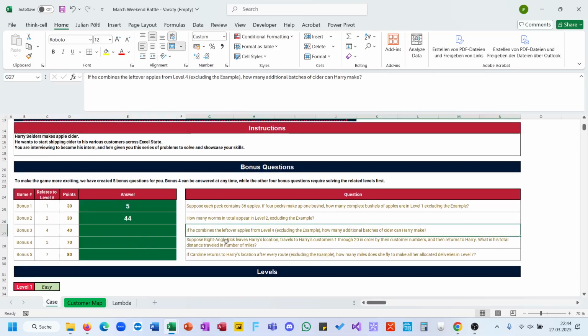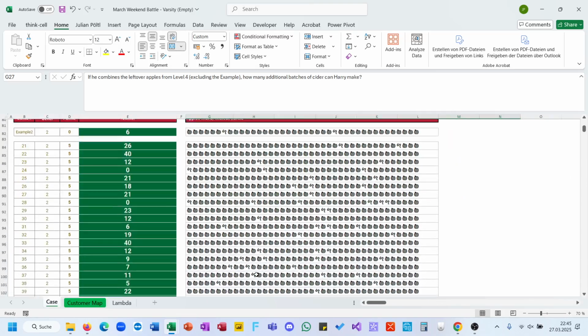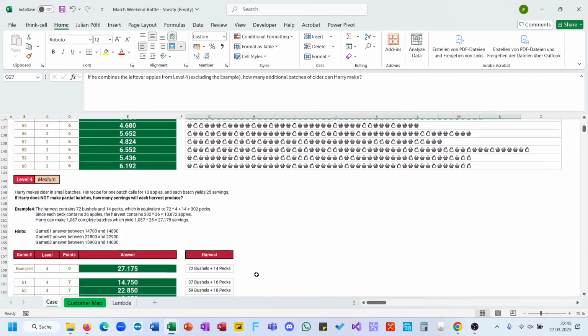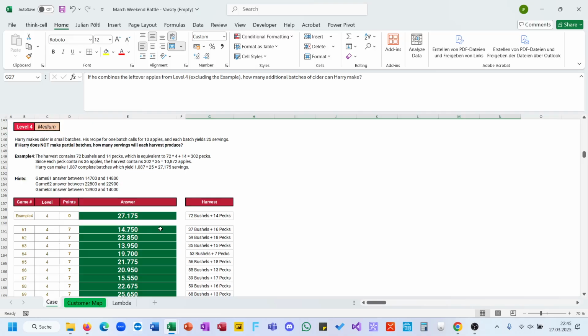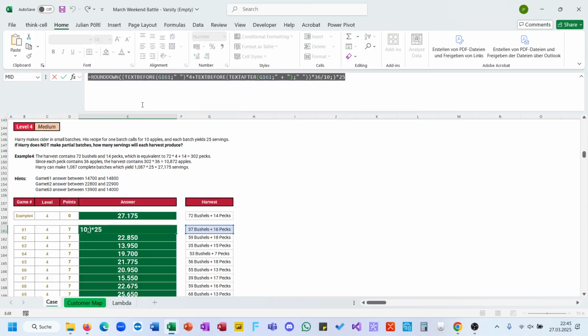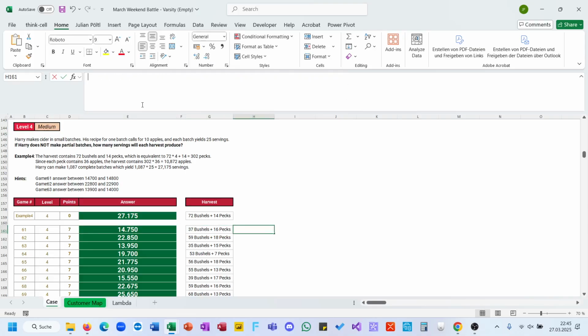Now rounding. If he combines the leftover apples, how many additional batches of cider can Harry make? Ooh la la. Leftover apples. Okay. This is the number of servings. This is the number of apples.